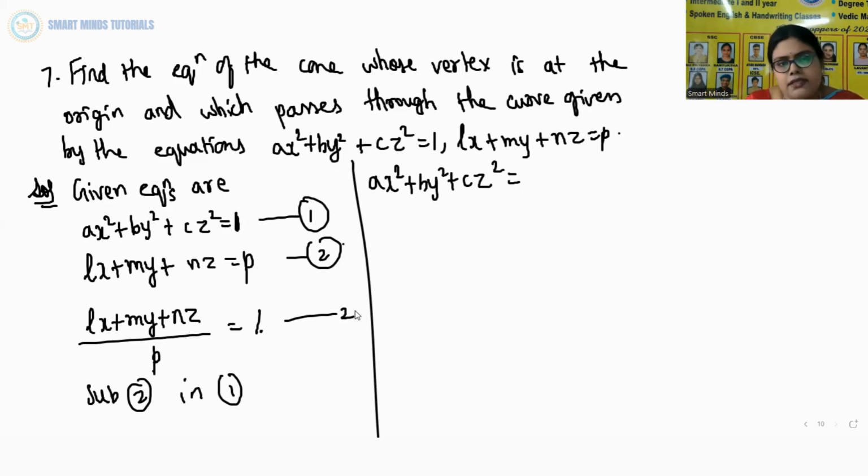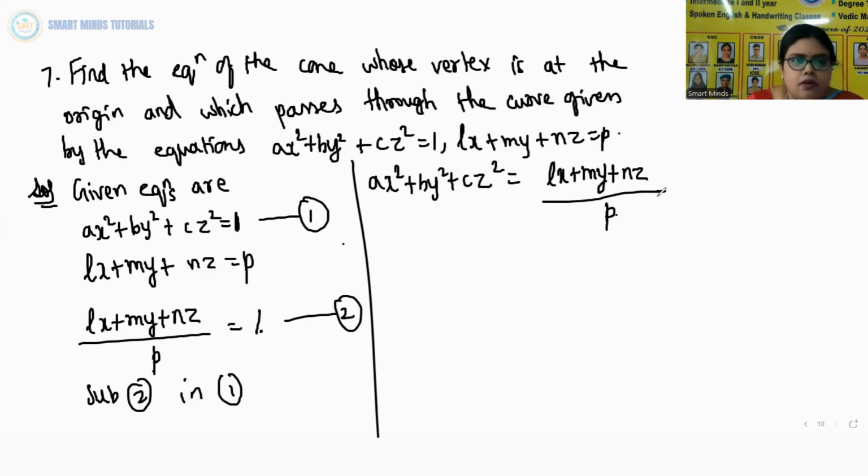Let's take this as equation number 2. So in the place of 1, I write ((lx + my + nz)/p) whole squared, because this 1 can be written as 1 squared. From equation number 1, this 1 can be written as 1 squared. So we are writing this way.